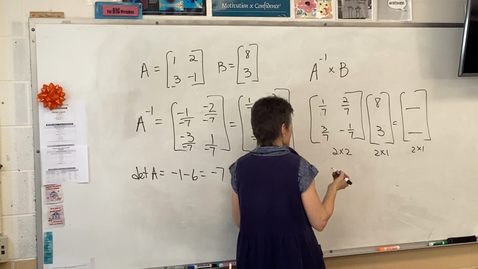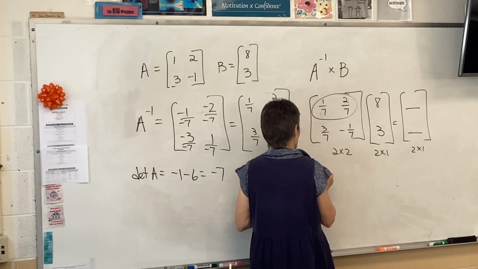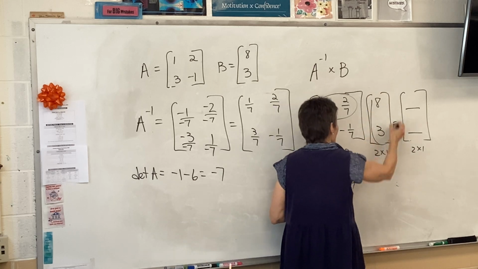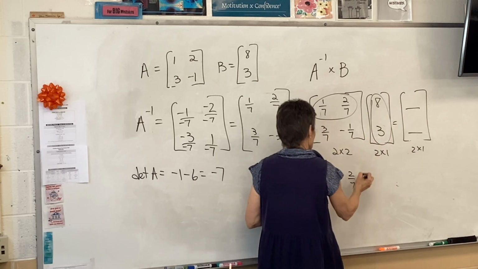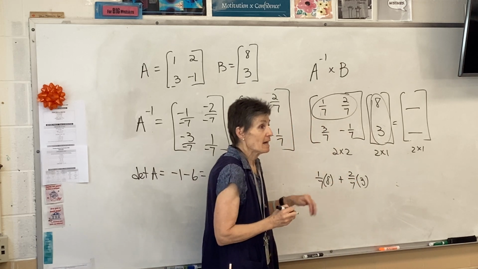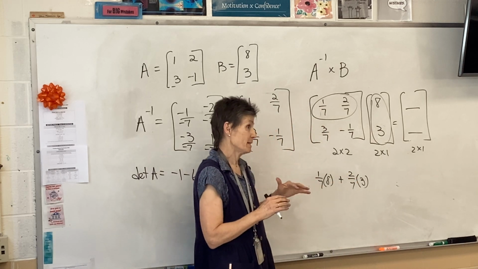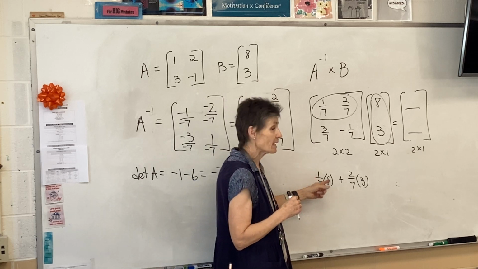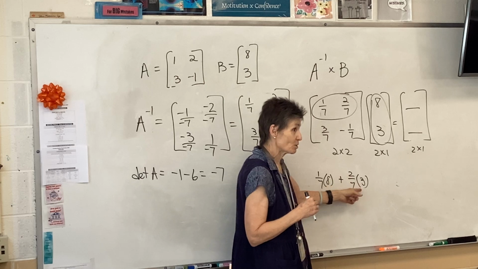So here we go, this is easy. Row 1, 1/7, 2/7, times column 1, 8, 3. You're always going to have a common denominator, so if you want to forget the fraction for a minute, you can. You have 1 times 8, you have 2 times 3.